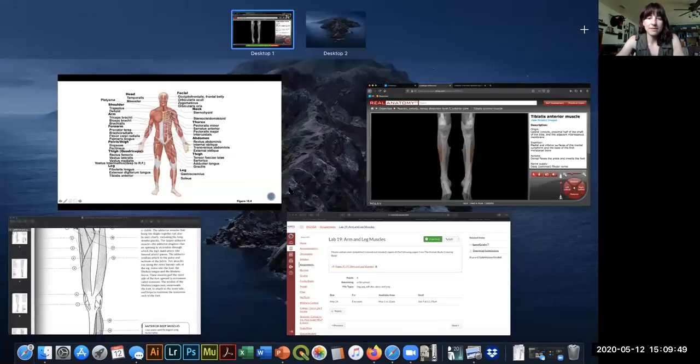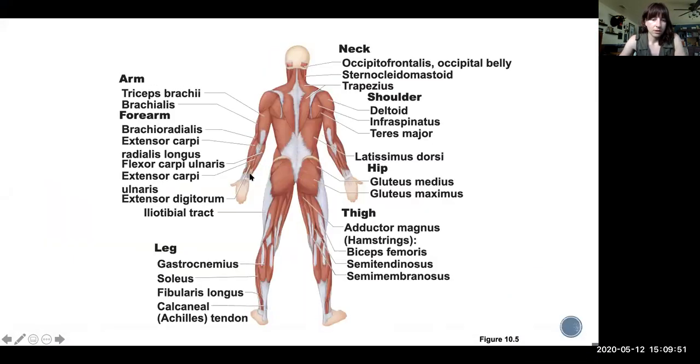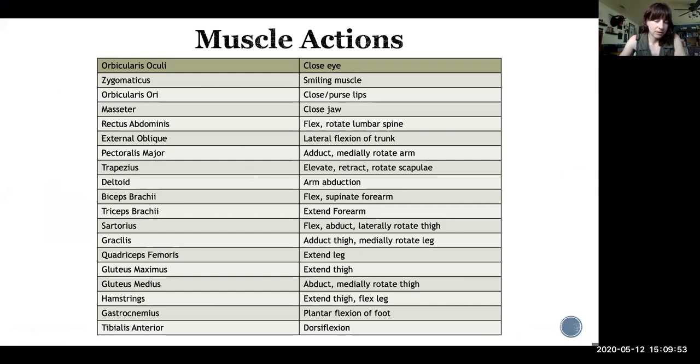So your tibialis anterior, here it is, contributes to dorsiflexion, right? So we remember that we had plantar flexion, as in pointing your toe.